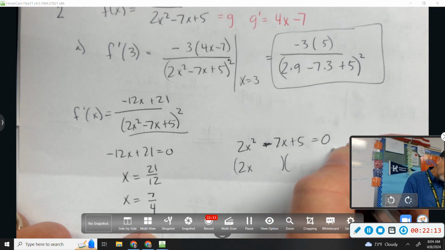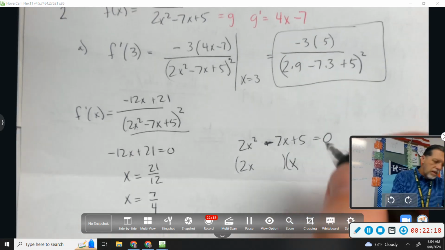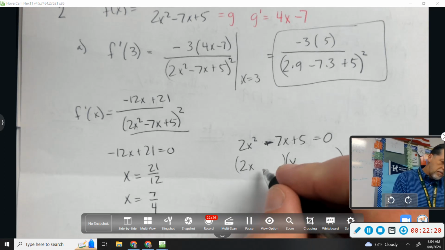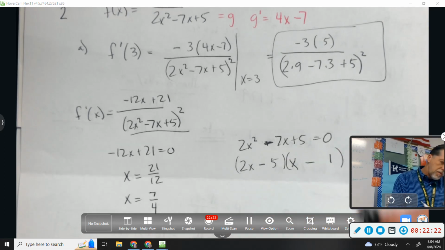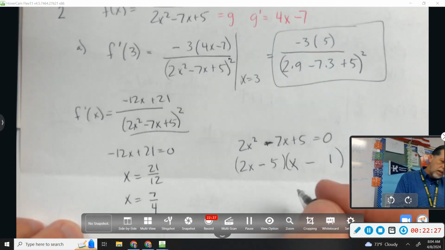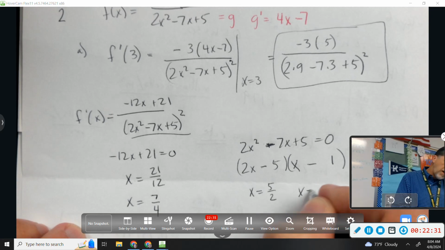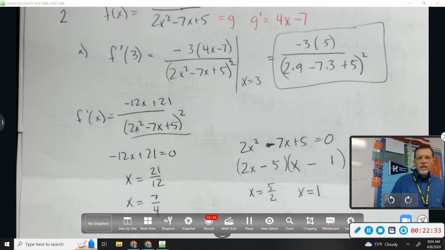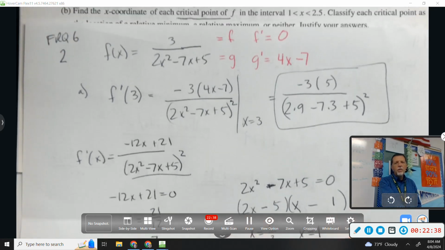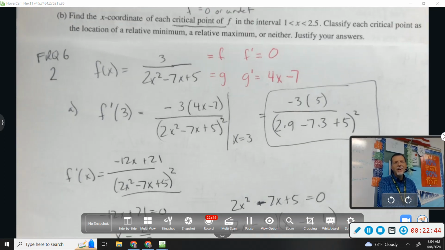I hope this thing factors to make my life easier. It does factor. That was kind of them. X equals 5/2 and x equals 1. Okay. Are those on my interval? Be very, very careful.